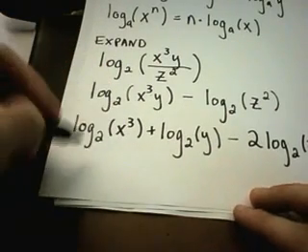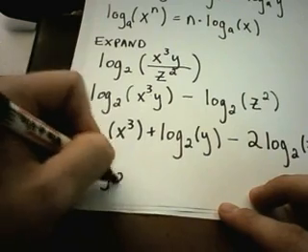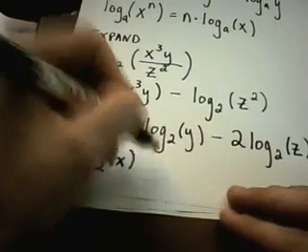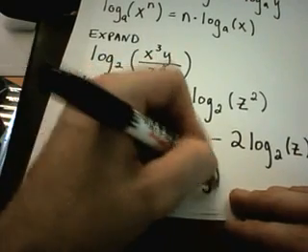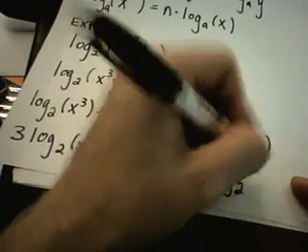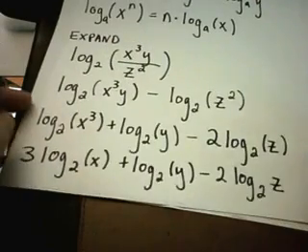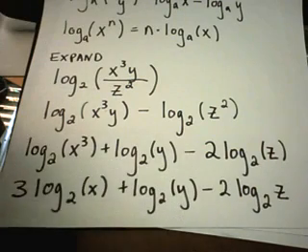And the last thing I'm going to do is pull out this 3. So I'll have 3 times log base 2 of x plus log base 2 of y minus 2 times log base 2 of z. And that's now nice and expanded.